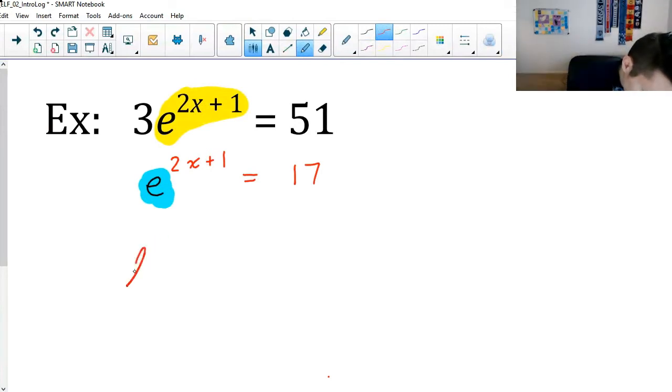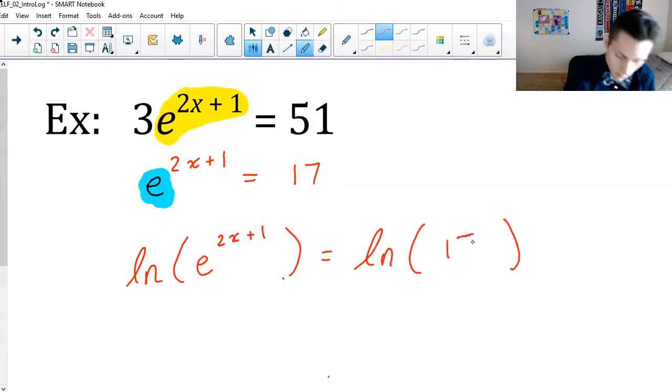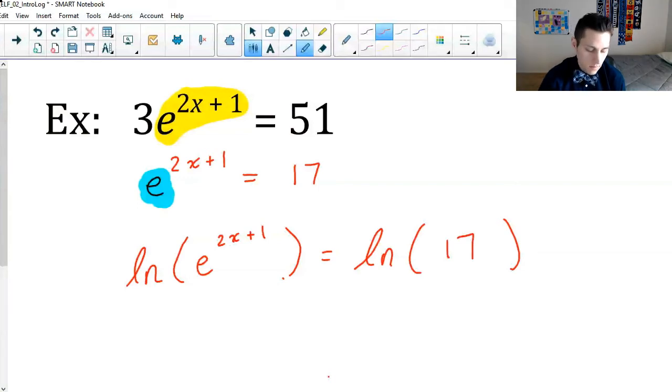We're going to write ln. Because ln means log base e.